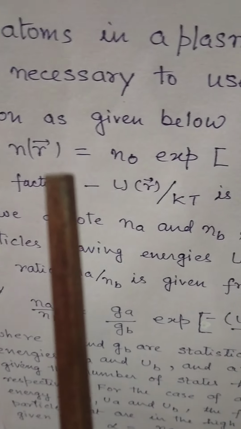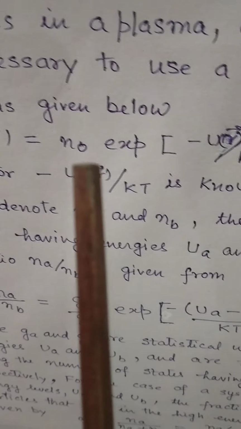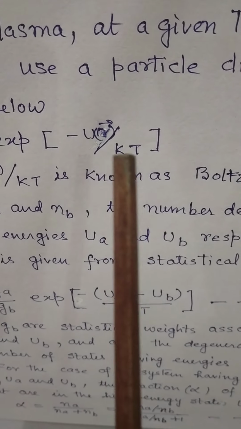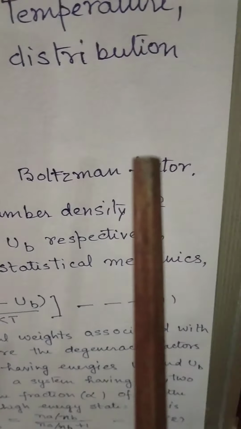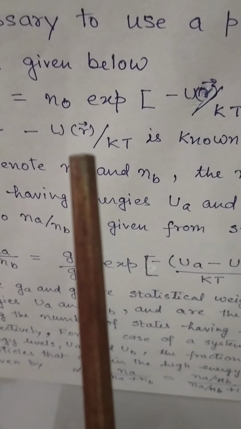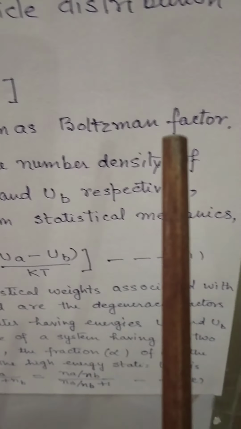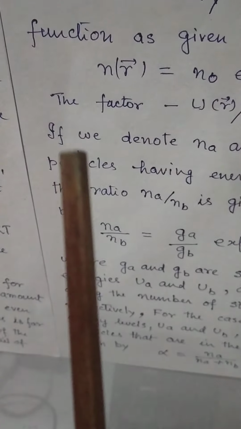That is, n(r) is equal to n0 exponential minus u(r) upon kT. The factor exponential minus u(r) upon kT is known as the Boltzmann factor.